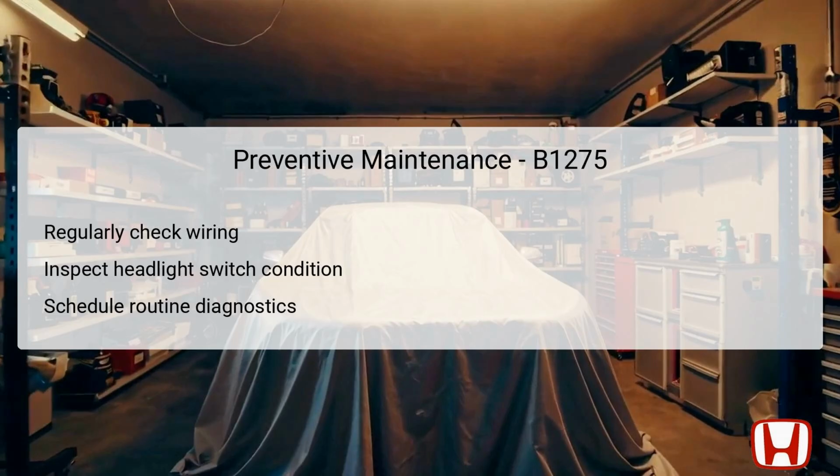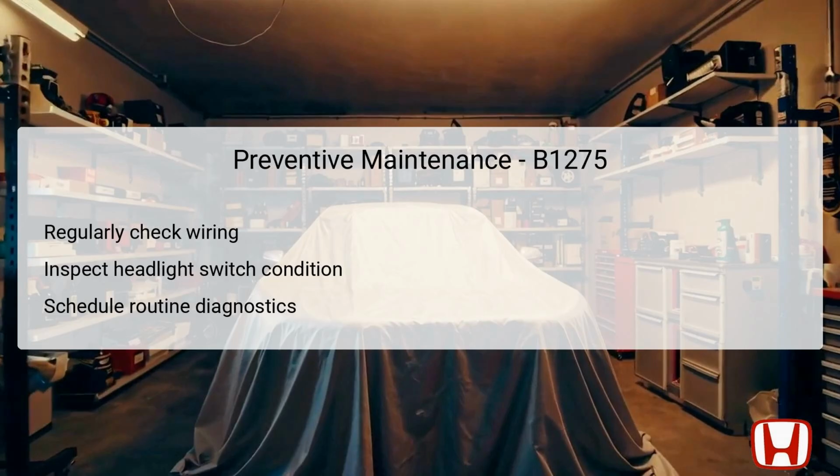Preventive maintenance is key to avoiding issues with the headlight system in Honda Accords from 2017 to 2023. Regularly checking wiring and connections will help ensure that moisture or corrosion does not lead to circuit malfunctions. This entails visually inspecting the condition of the headlight switch as well, confirming that it remains functional and free of any damage.